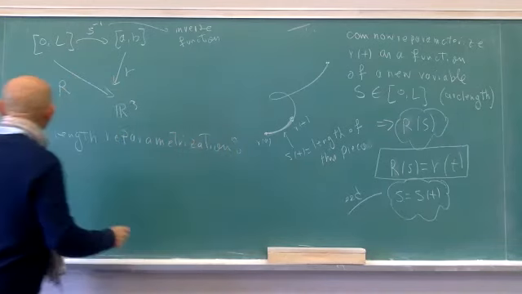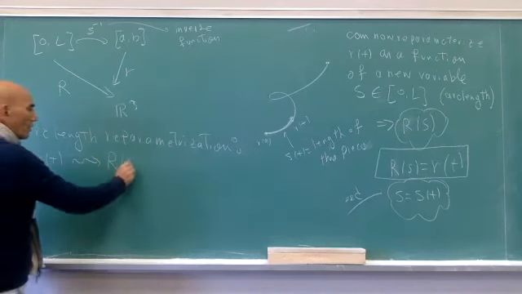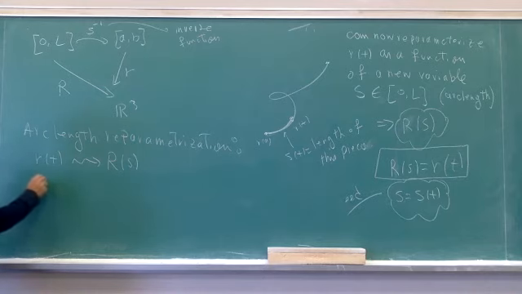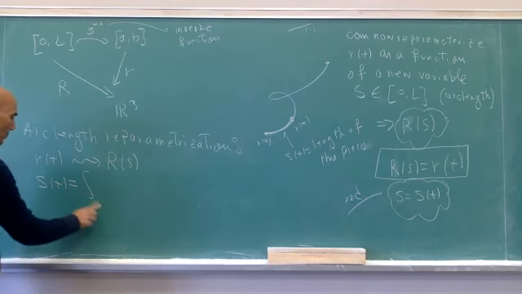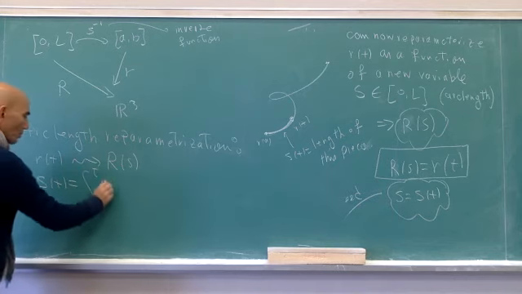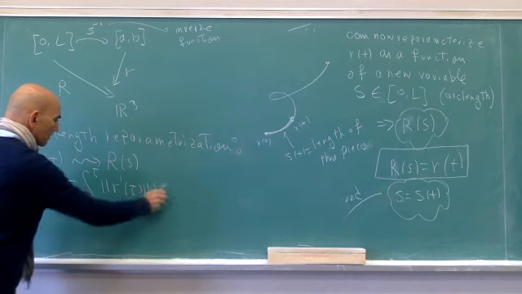So what we did, we have this function R of t. We got capital R of S. And remember, we had S of t equal to the integral from a to t of the norm of R prime of tau d tau.